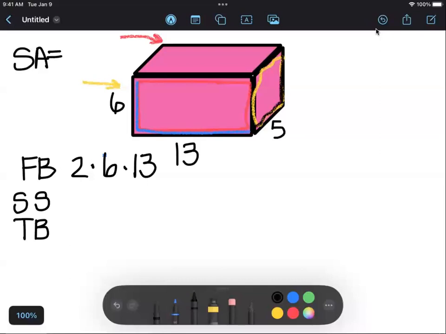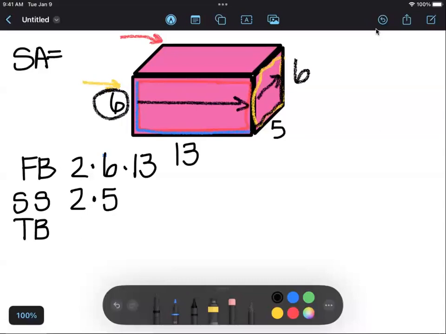Well, we're not exactly sure what the height is here, but we know that this is 6, so that means this has to be 6 and this has to be 6. Okay, so remember, we've got 2 sides that are identical, so 2 times, and then we'll do 5 times 6 to find that.